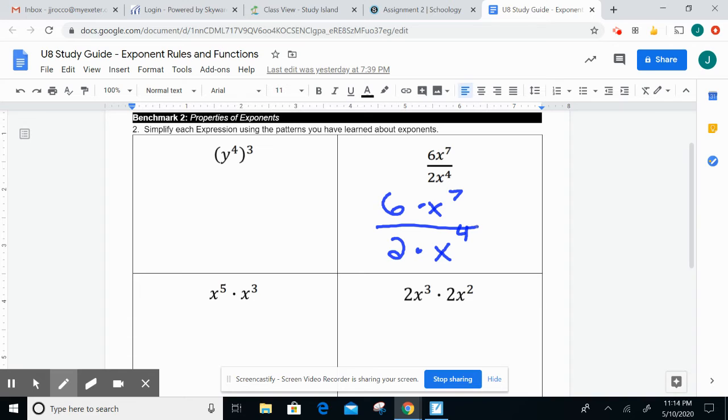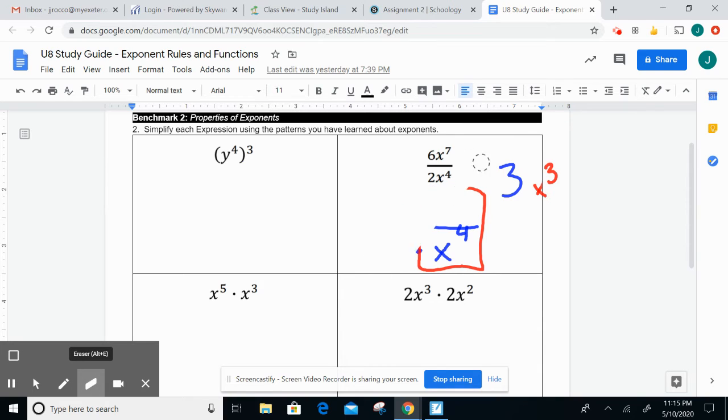Nothing changed. 6 divided by 2 is still 3. The only difference is what I'm about to box in red. This with exponents is what we're going to use our rules for. And here you're going to subtract the exponents. 7 minus 4 is 3. Subtract the exponents. Identify the rule.